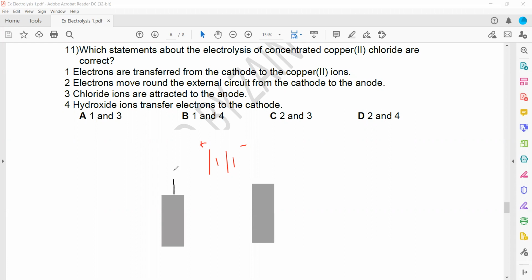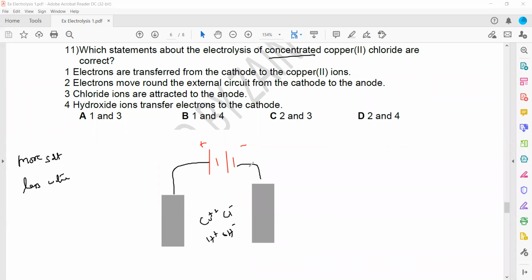It's a copper(II) chloride solution. The copper ion is there, chloride ion, hydrogen ion, and hydroxide ion. And it is concentrated, so more salt, and it will have less water.